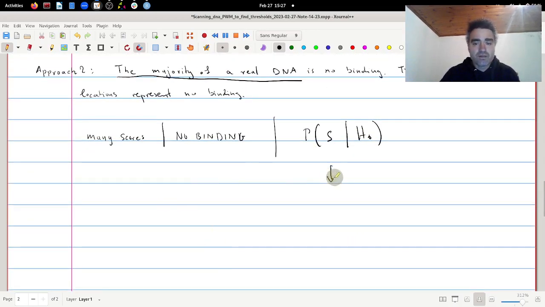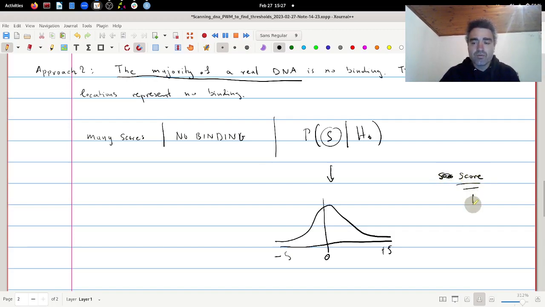Okay, so if we now put all these score values in a distribution, we might have something like that, where here is 0, here is, I don't know, -5, and here is +5. And now, if we have a candidate score that we found to be the score of the position weight matrix in a real DNA in position 3578, for example.